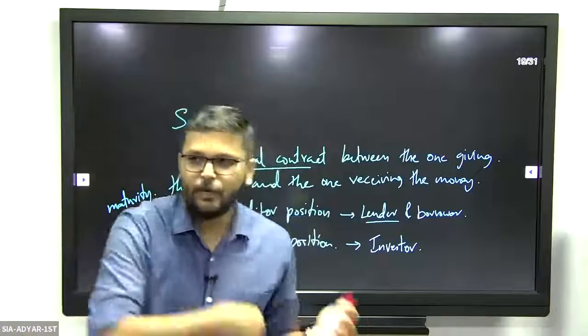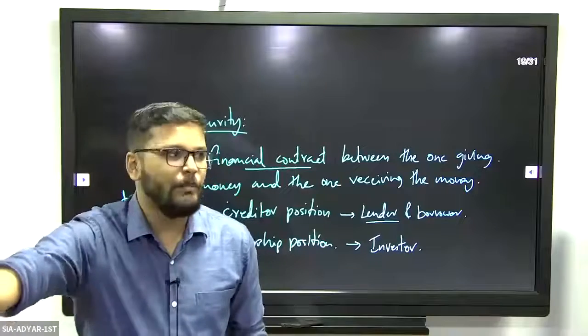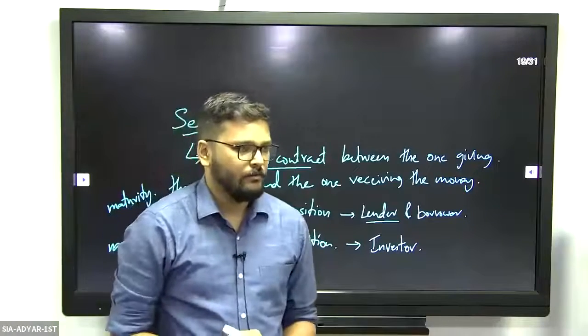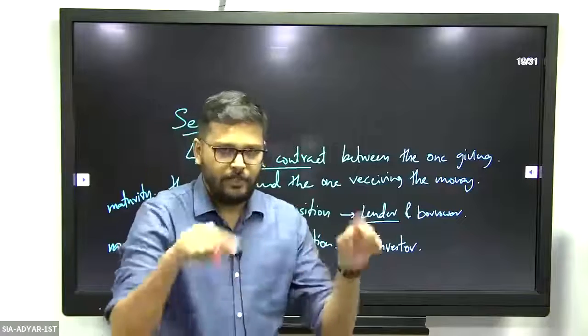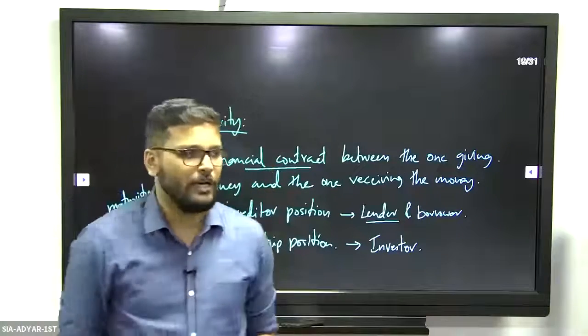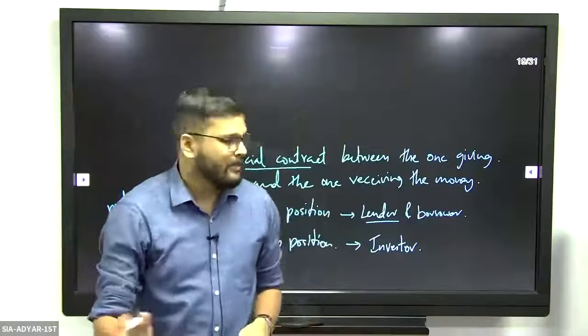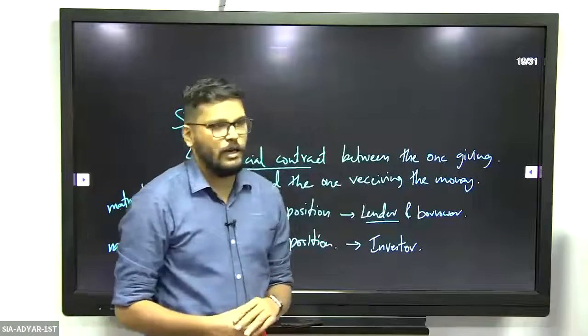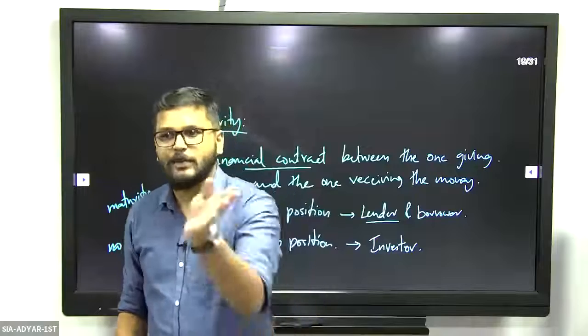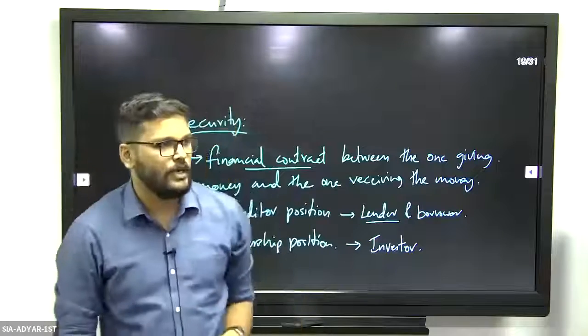You can transfer your loan to someone else and get the money back from them, and they will now collect the money from the lender. The security was issued in your name. You can transfer the security to someone else's name and collect money from them. This is facilitated again in a financial market. So it is not just one transaction. The same instrument can be transacted multiple times in the financial market.